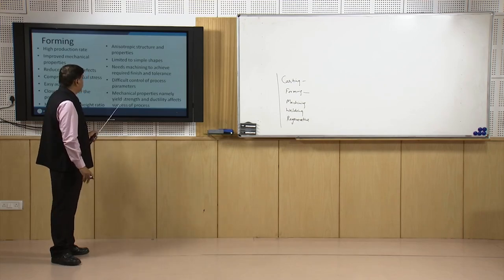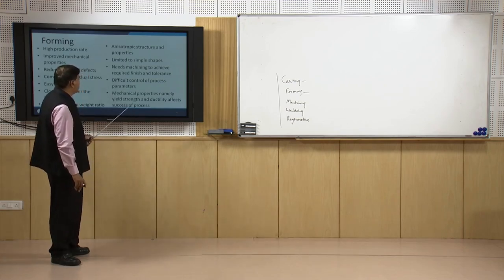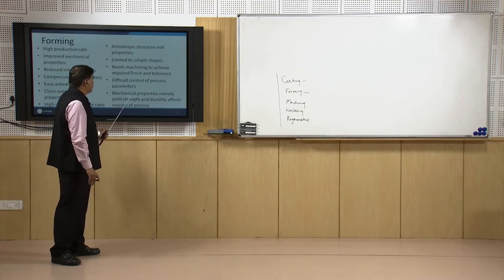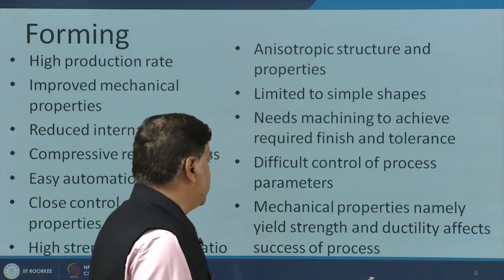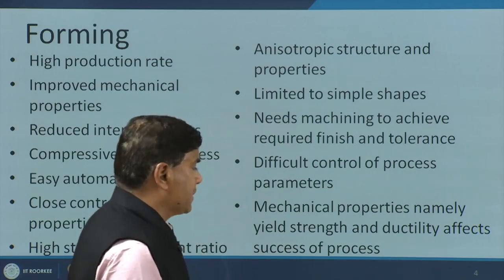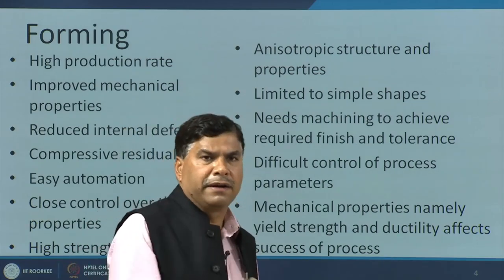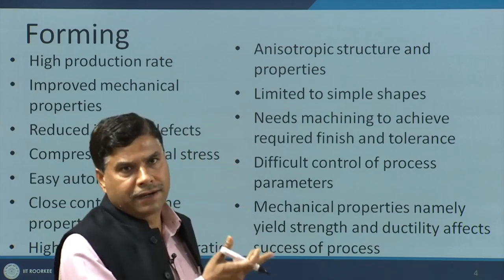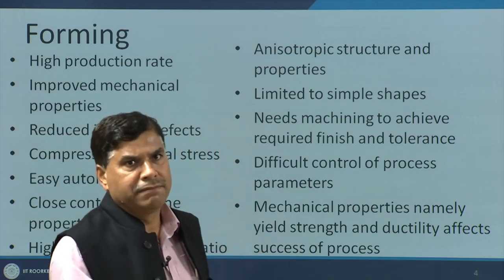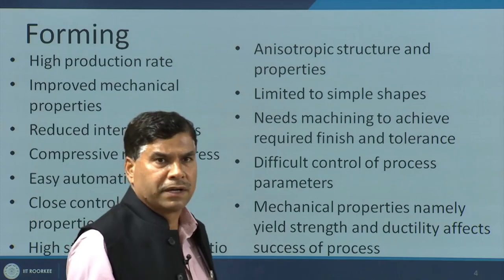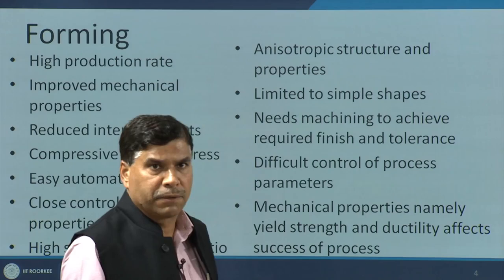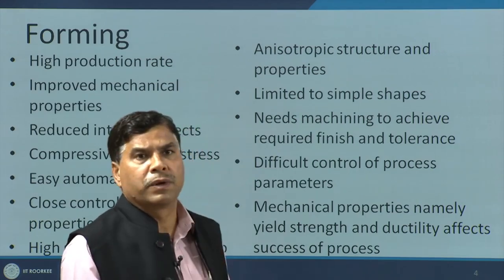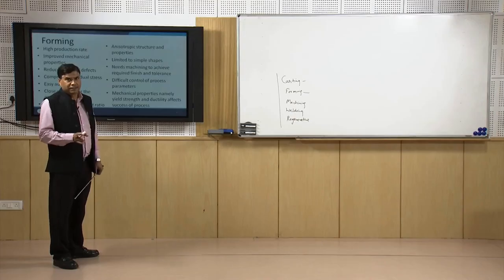Another important point related to the limitations is that the mechanical properties, namely yield strength and ductility, affect the success of the process. Normally whenever work hardening takes place, the strength and hardness increase, but at the same time the ductility of the work hardened component comes down. So, the products made using forming processes may experience localized loss of ductility as well as toughness.